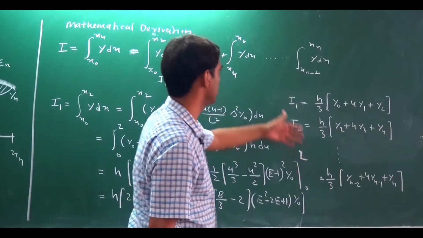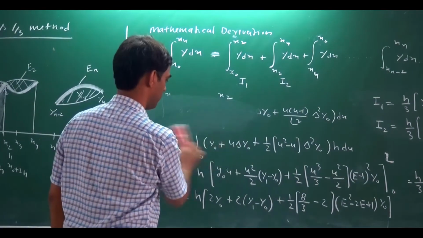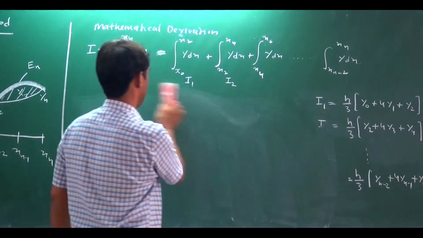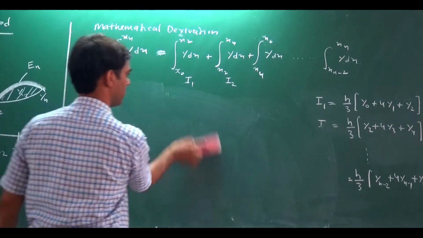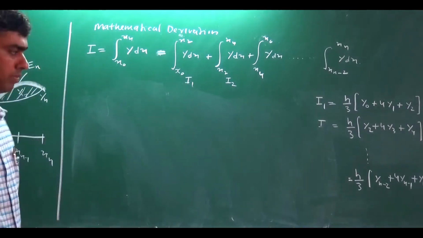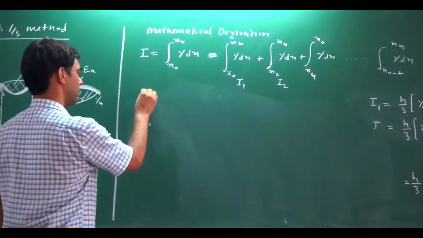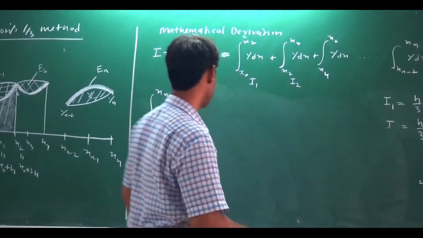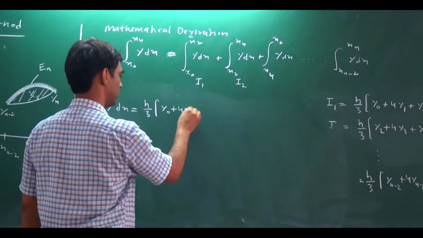Now we put these values in this expression, then we get the required formula. Here we put the values, then the integral from x0 to xn of y dx becomes I1, that is h by 3 times y0 plus 4y1 plus y2.